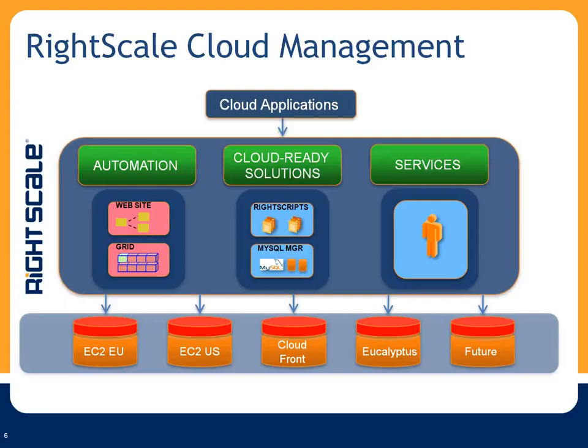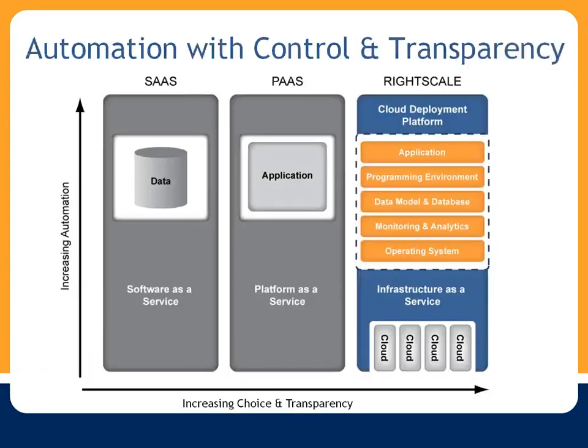And RightScale sits in the middle, again, powering the automation, powering cloud-ready solutions, one of which we'll talk specifically a little bit later is the cohesive FT VPN Cube solution, and then finally adding services both for onboarding, consulting, design, and ongoing support.